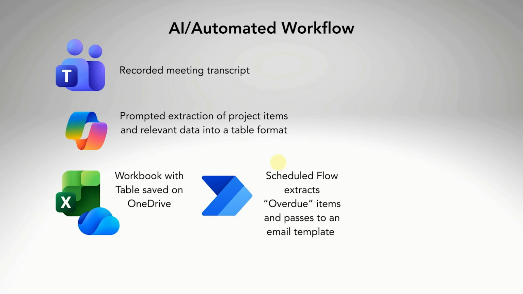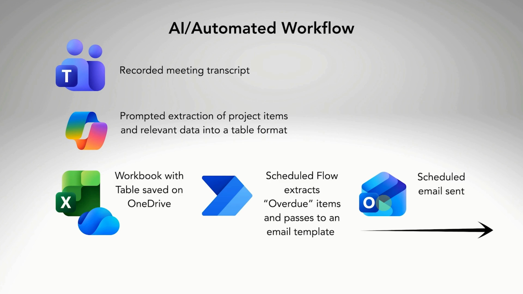And then in Power Automate, we created a scheduled flow that extracted the overdue items in the column completion. And then through a series of further steps in the flow, we extracted that data into a readable component that was added to an email.